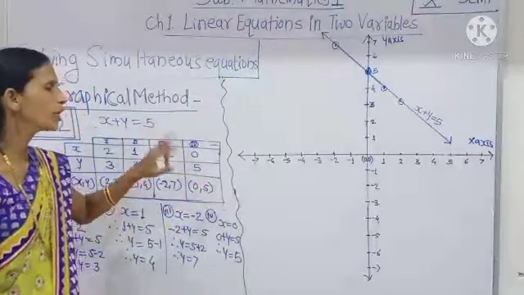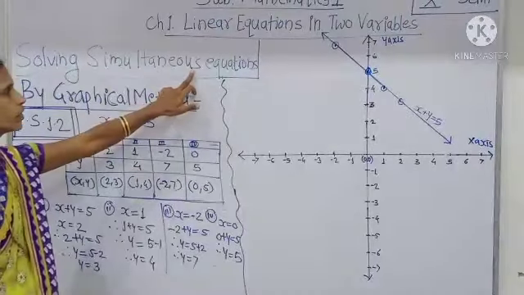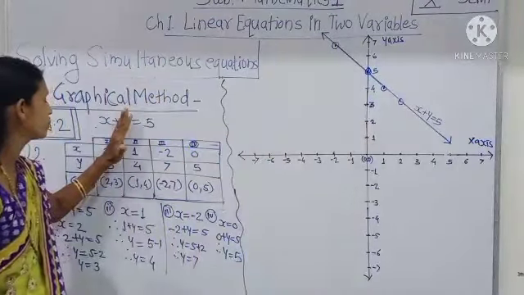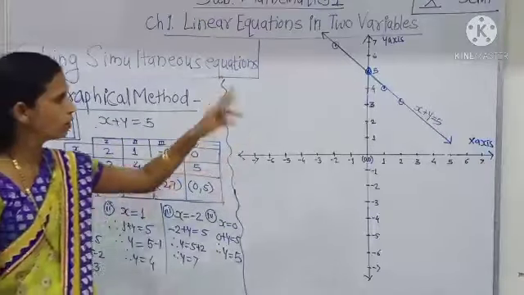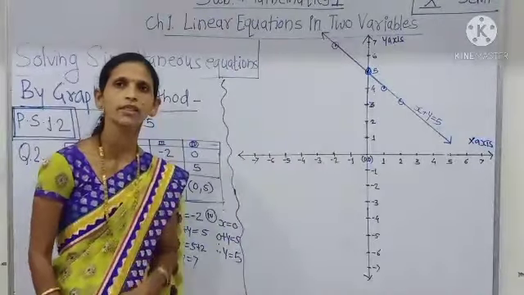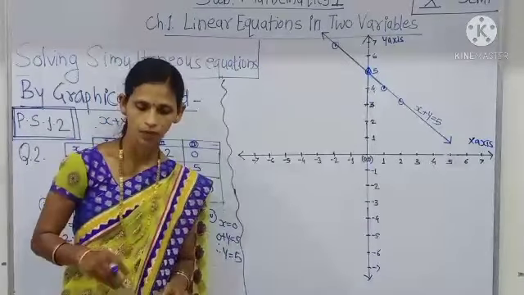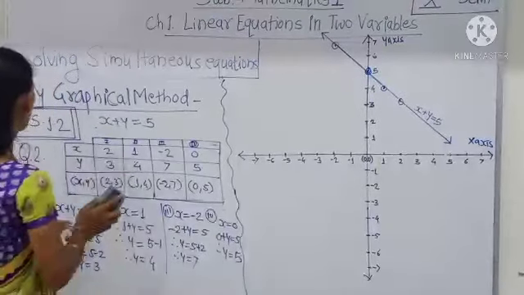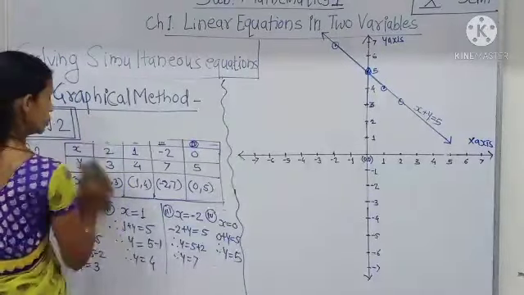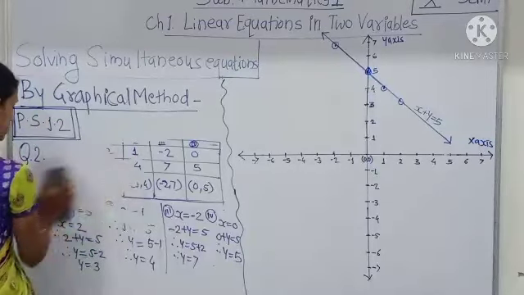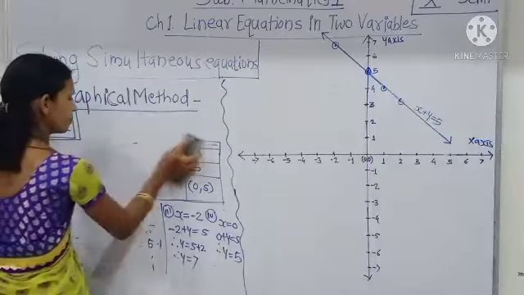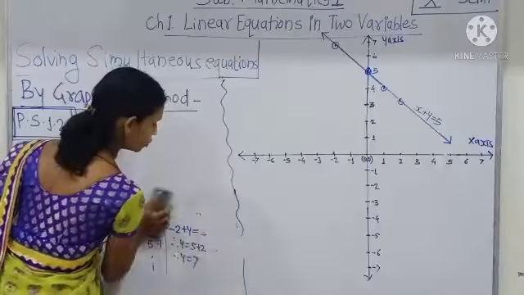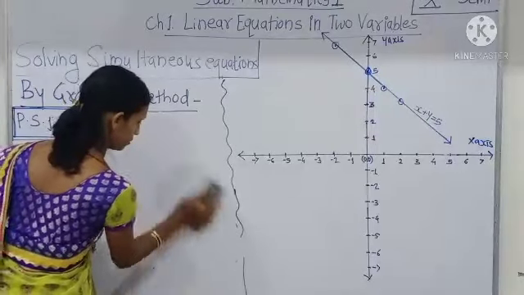Similarly, we can solve the simultaneous equations by the graphical method by drawing graphs of linear equations in 2 variables on graph paper. For this purpose, we have to practice drawing graphs of linear equations in 2 variables on graph paper.